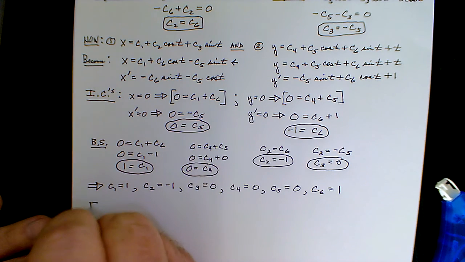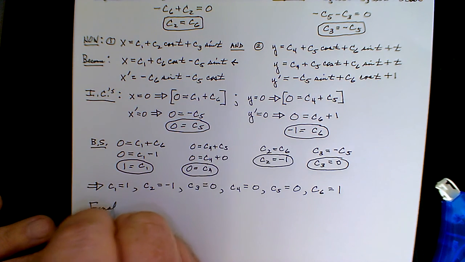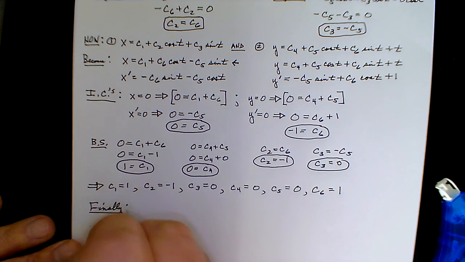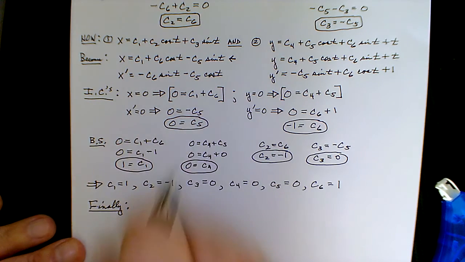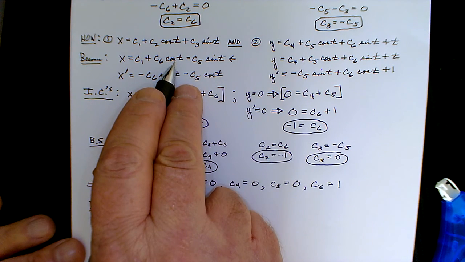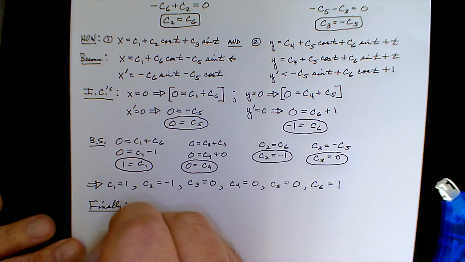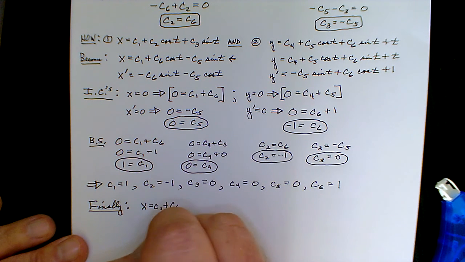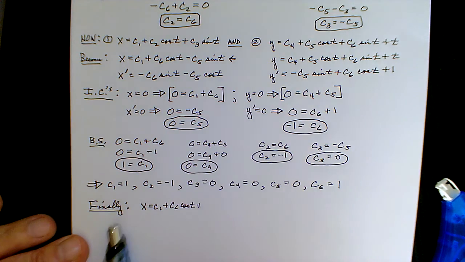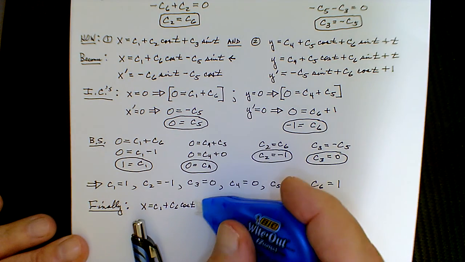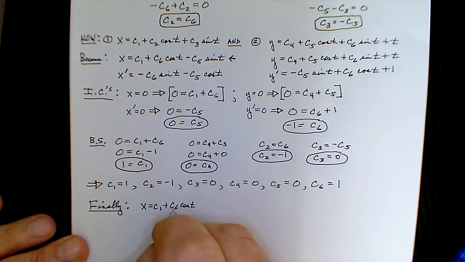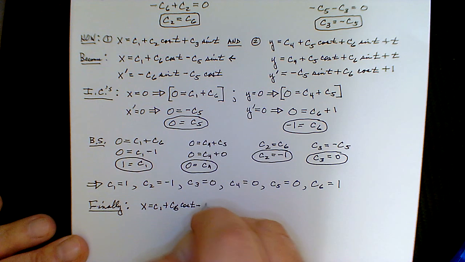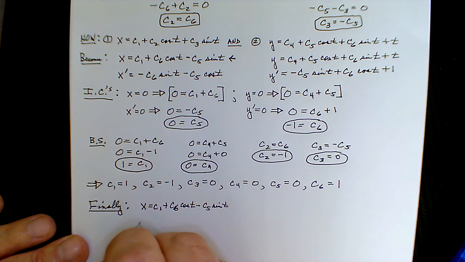And so now finally we have the equations. Okay, back up here, x was C1 plus C6 cosine t minus C5 sine of t.